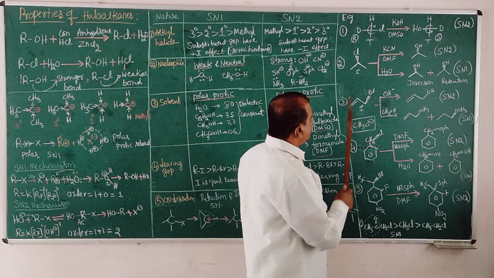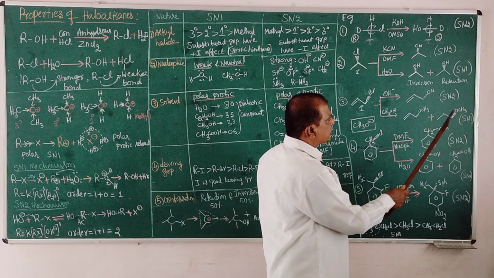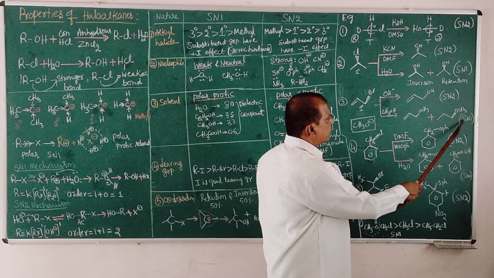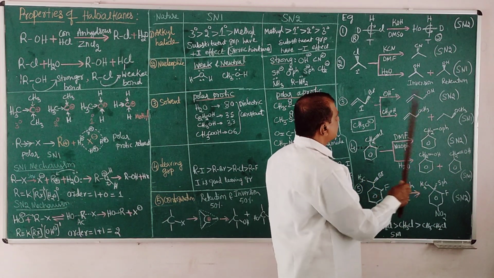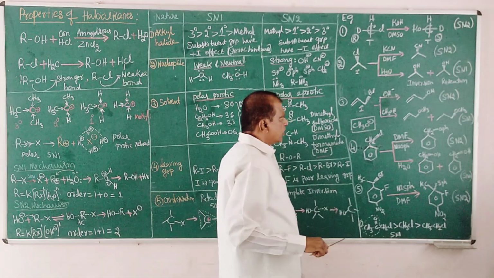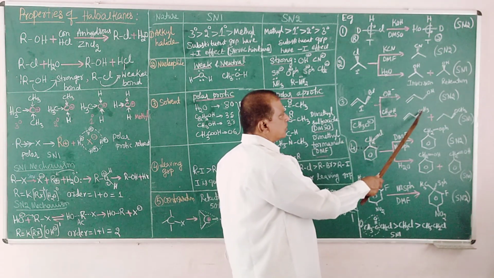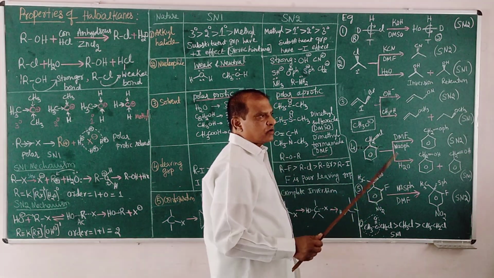So this compound with this reagent forms a mixture of these configurations, one retention and the other inversion. This is the correct answer for this reagent. And this nucleophile is CH3O, so it acts as a solvent as well as a nucleophile donor.